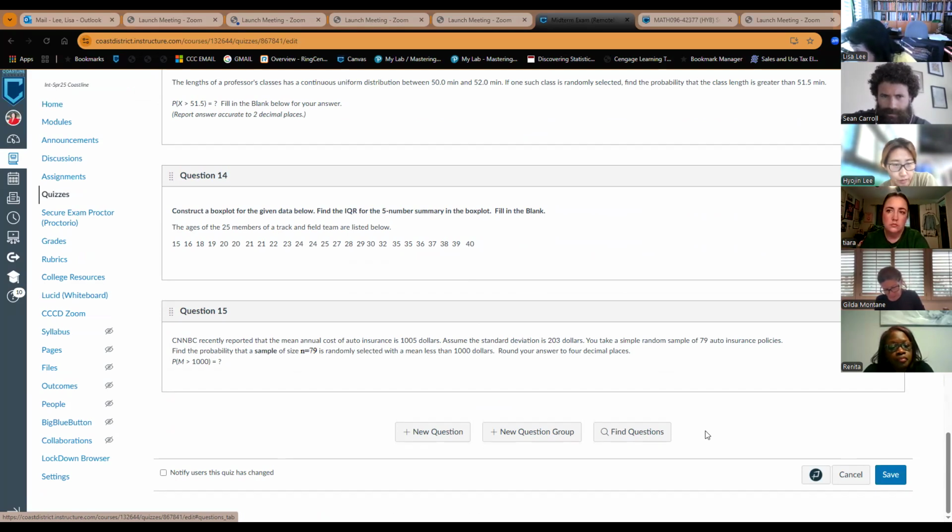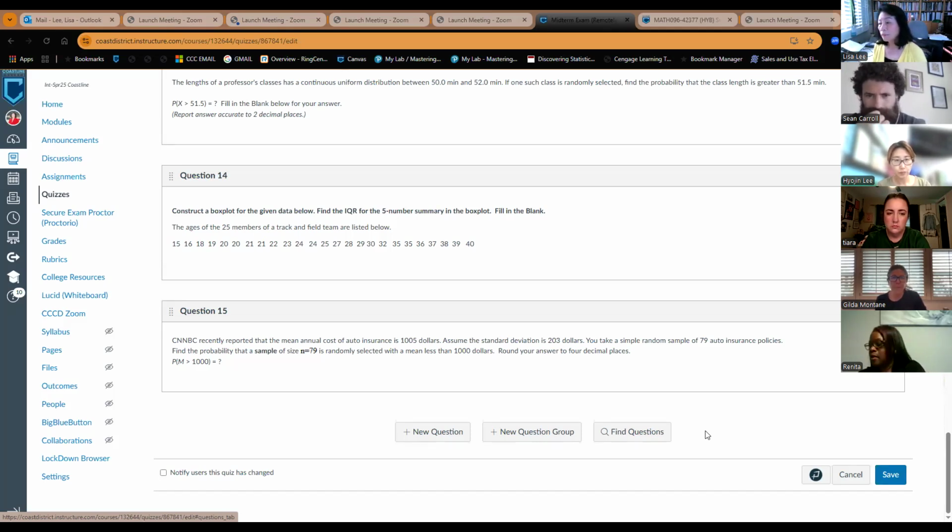This is the one we call central limit theorem application, because when you read the problem, it's asking for the probability of a sample. When they mention sampling, with a certain sample size, like 4 or like this one, 79, it's a sample that is randomly selected.